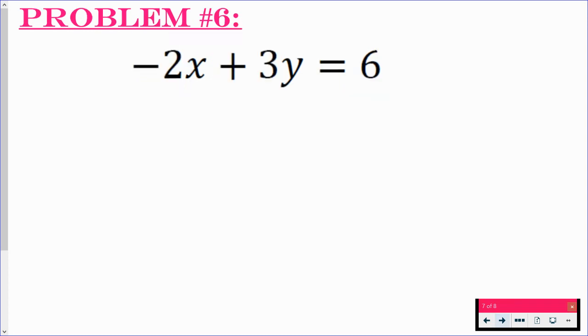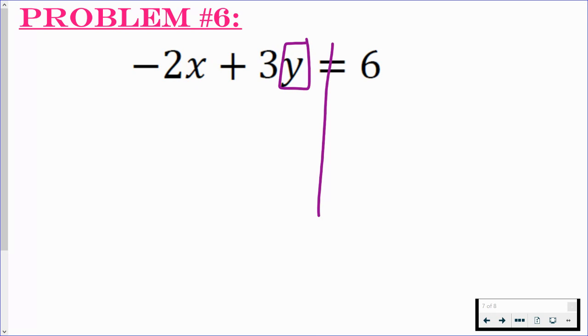Okay. And problem number 6, the last one I'm going to work with you guys. Then you'll jump on to the quizzes. I want my y by itself, so box that out. I have a -2x here.